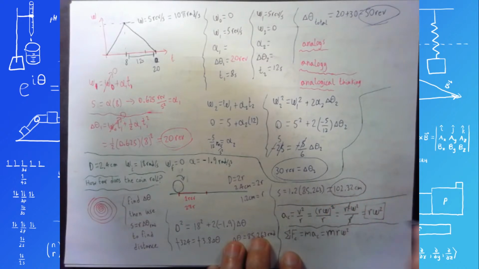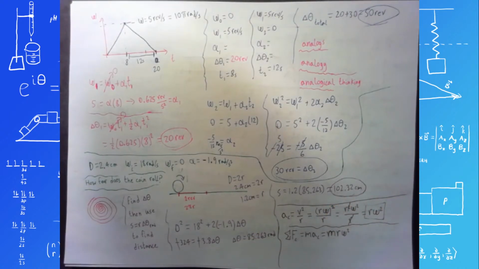Now, does this equation really do much for us? The only thing it does for us is it saves us a bit of time if your information is already given in angular terms instead of translational terms.